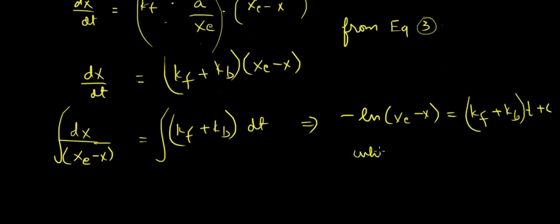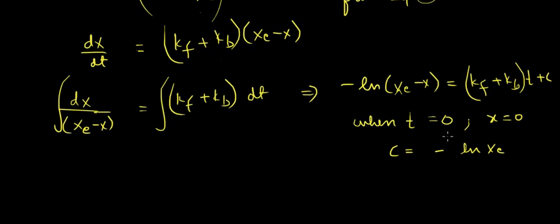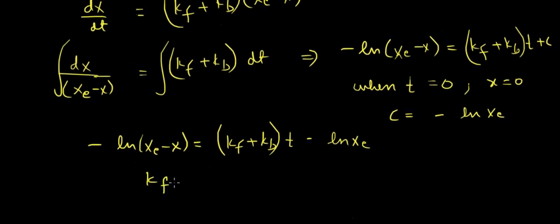Okay, and just to get the value of c, when t equals 0, x would be equal to 0 as no A would have been converted into B, so we can get the value of c as minus ln xe. So just shifting the terms here, minus ln of xe minus x would be equal to kf plus kb times t minus ln xe. So kf plus kb times t can be written as ln xe upon xe minus x.